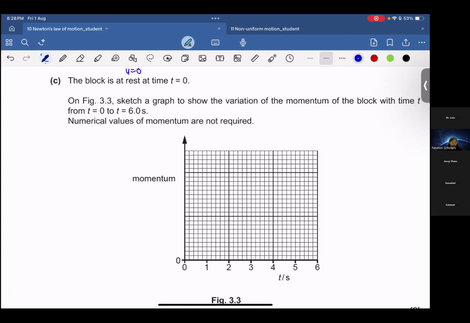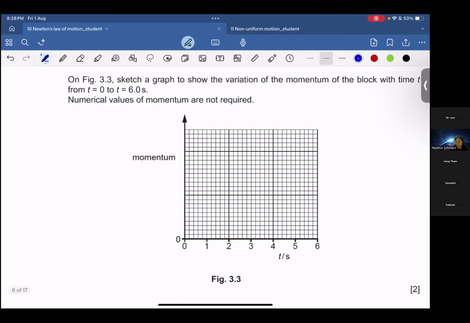Then after that, roughly tell me how your graph looks. Try first. At the start, no velocity because at rest, so of course the momentum is 0. So we start at 0 to sketch the graph. Try first.